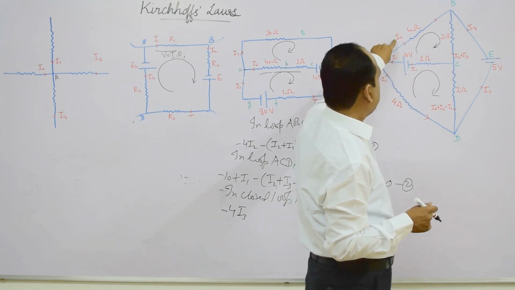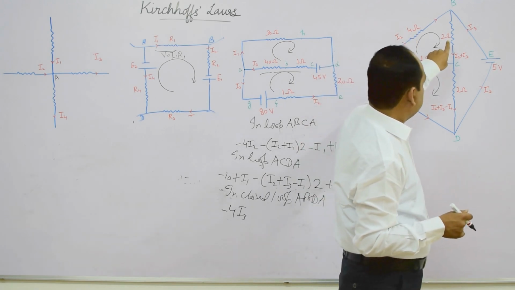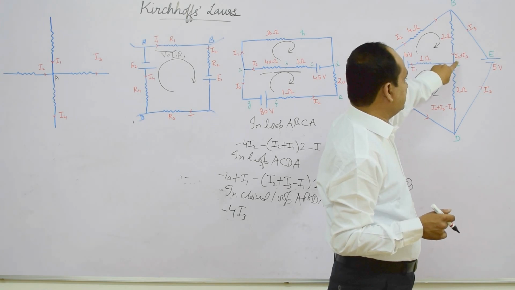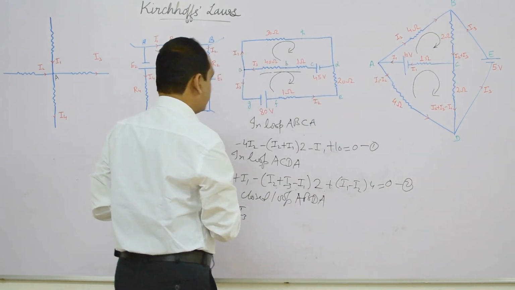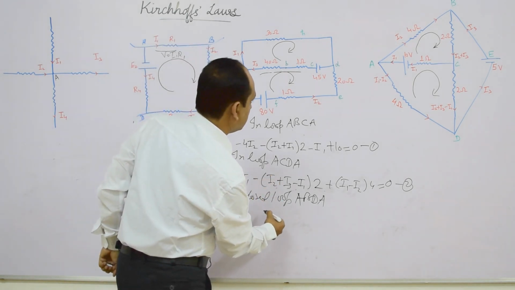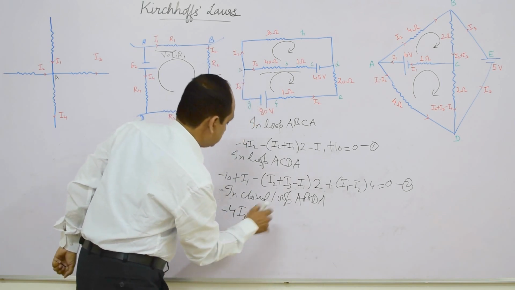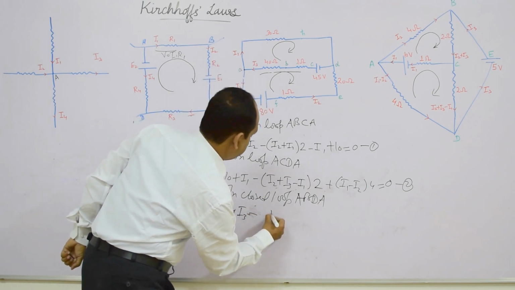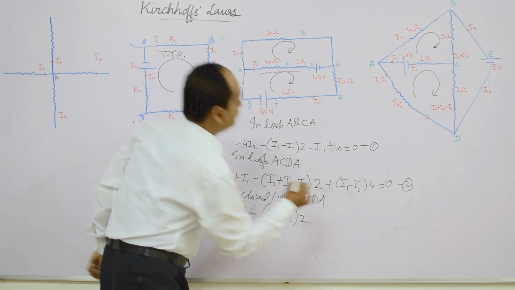Or we can write I2, the 2 ohm resistor, the current is passing in clockwise direction. So it should be minus I2 plus I3 into 2.